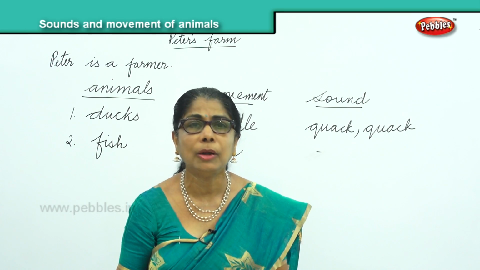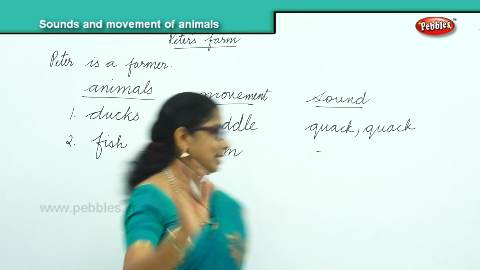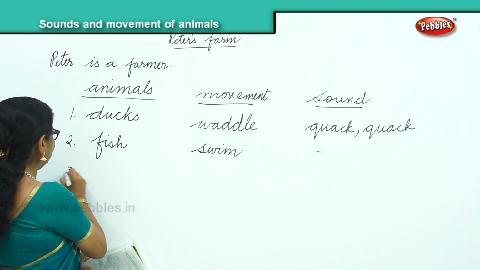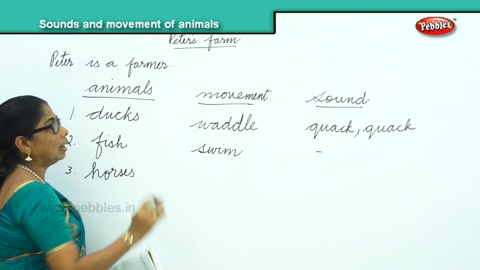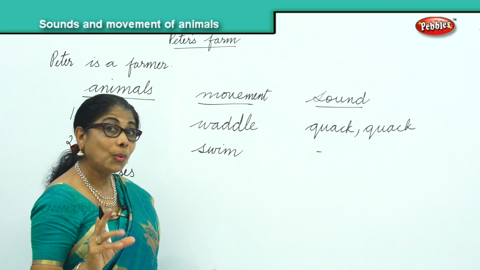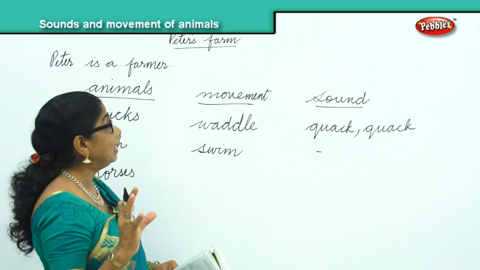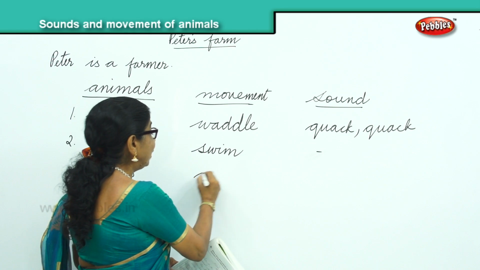In the stable, who lives in the stable? Yes, very good. Horse. Next we have horse. Horses are in the stable. How do they move about? They gallop.